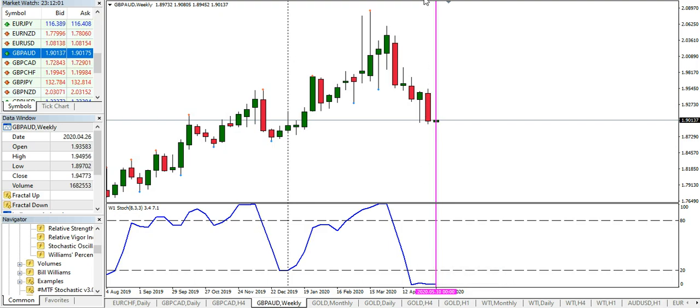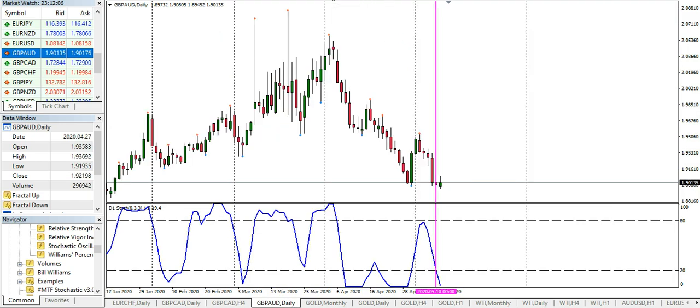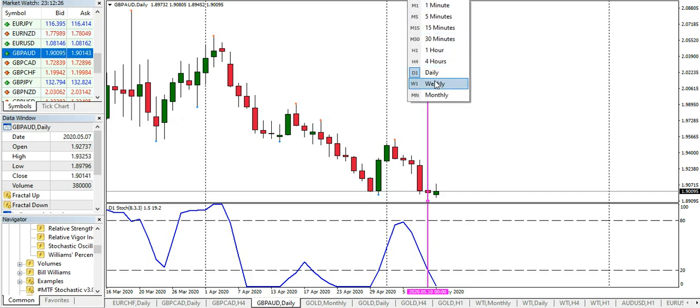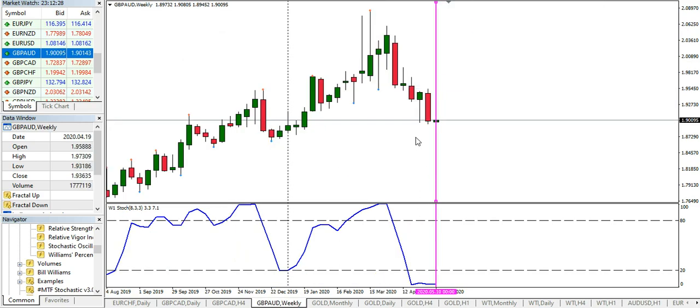Then we will go to the daily time frame, and we want the daily time frame to also be in the buy zone. When the daily time frame is in the buy zone, that will give us a low price. So let me recap. On the weekly time frame, the stochastic will give us a directional bias, whether we should buy or whether we should sell.